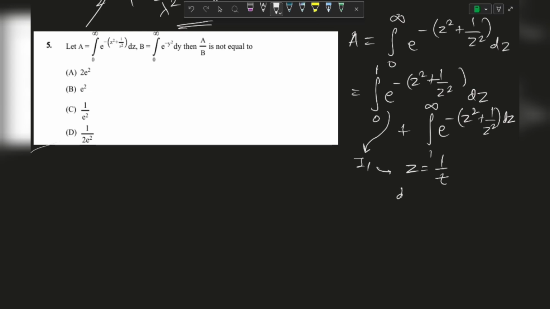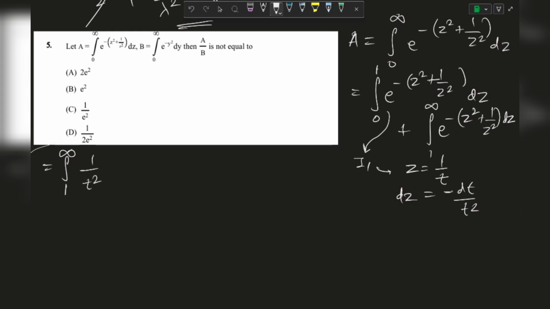So dz will be minus dt by t squared. So this will become integral, okay, it's not 0 anymore, it's 1 to infinity of 1 by t squared. Basically, it will become infinity to 1.